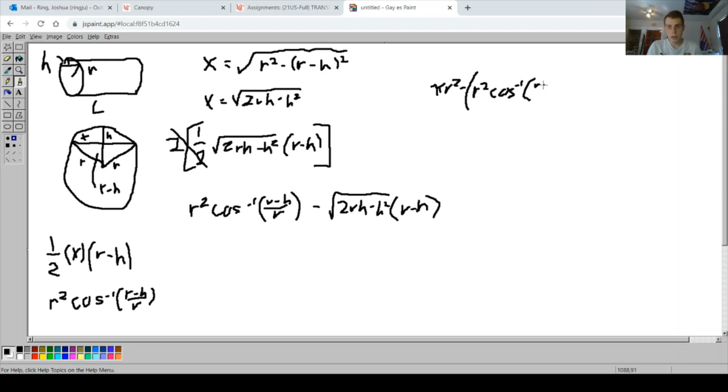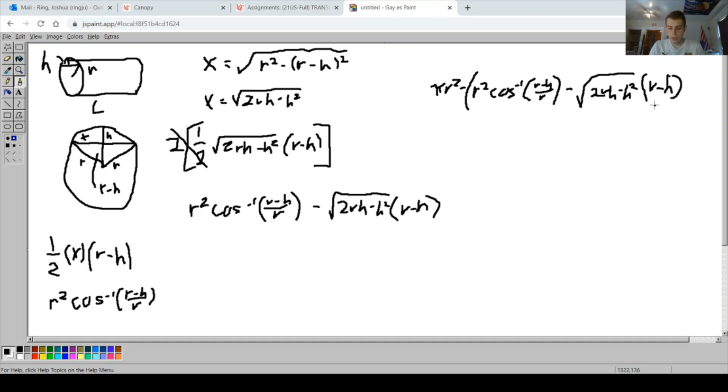R minus h over r being subtracted from 2rh minus h squared times r minus h.